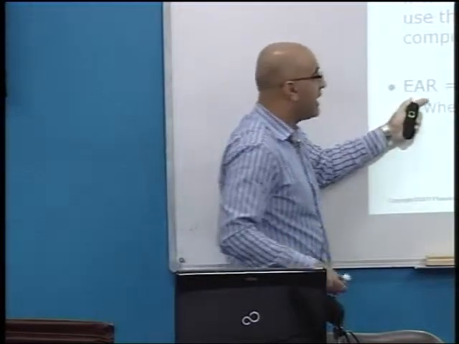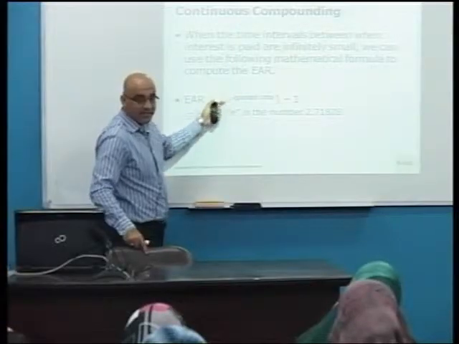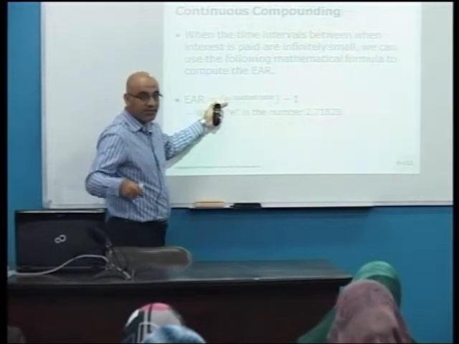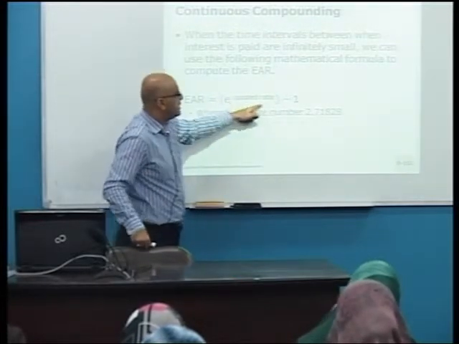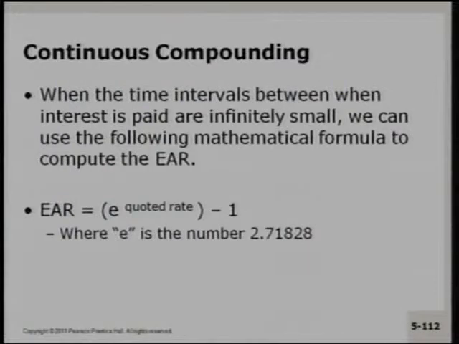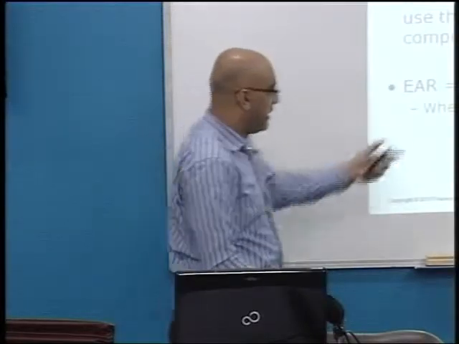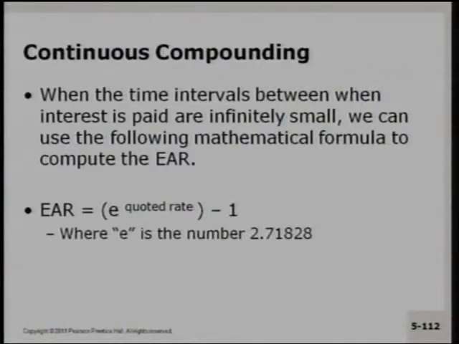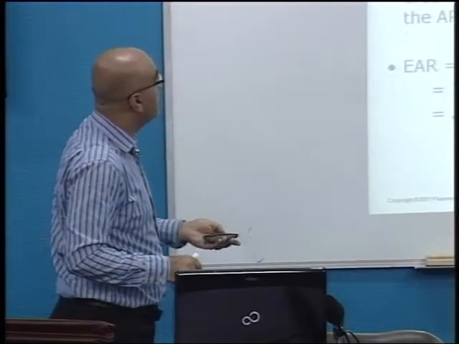The effective annual rate is equal to e to the power of the quoted rate, minus 1, where e is the number 2.71. Again, this is for very small compounding intervals.